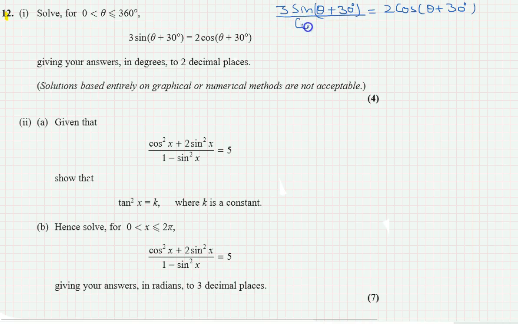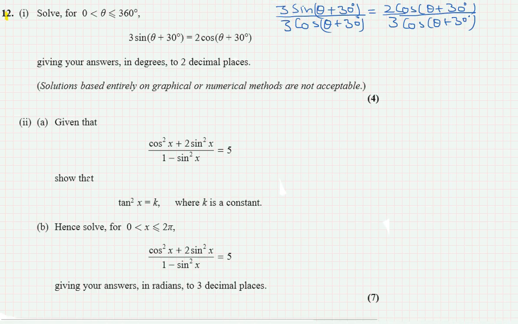Let's divide this by cos (theta plus 30) and divide both sides by 3.